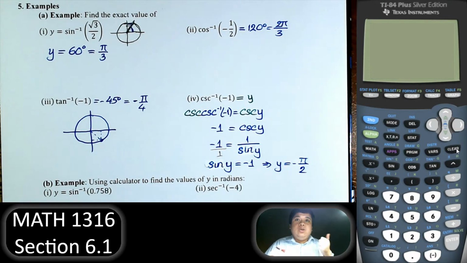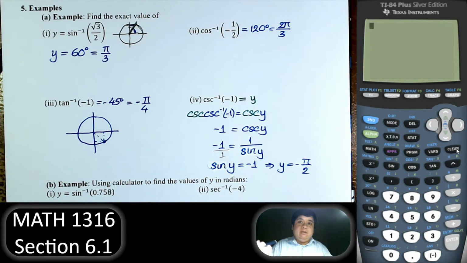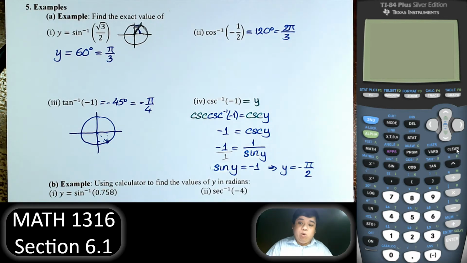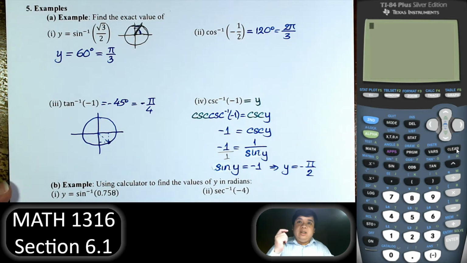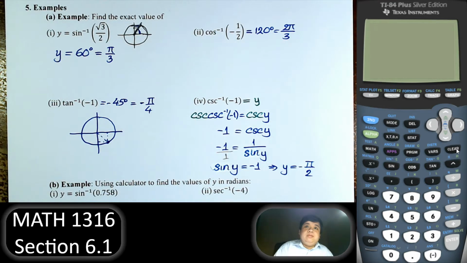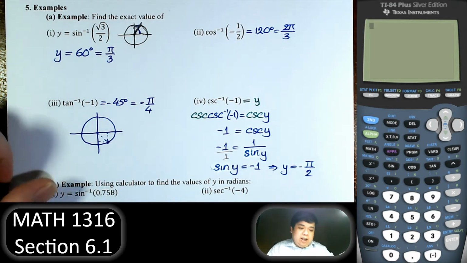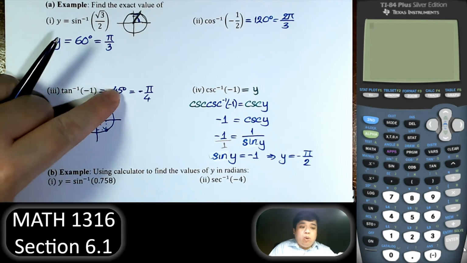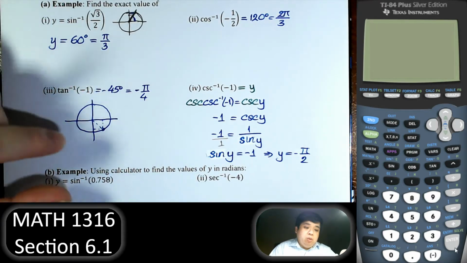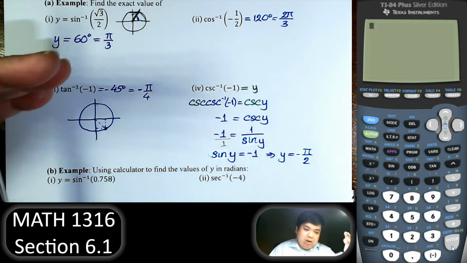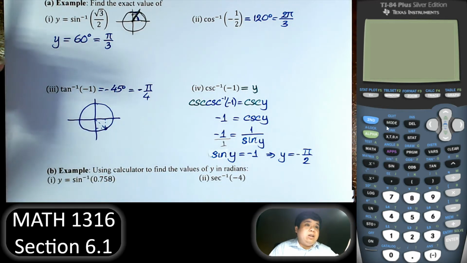So for sine inverse, cosine inverse, and tangent inverse, we have the values in the calculator. They know exactly what quadrant it is in, so we don't have to worry about that. But for cosecant, cotangent, and secant, we have to do something like this. Those are the nice angles. But if the value is not one of those, then we just use the calculator.